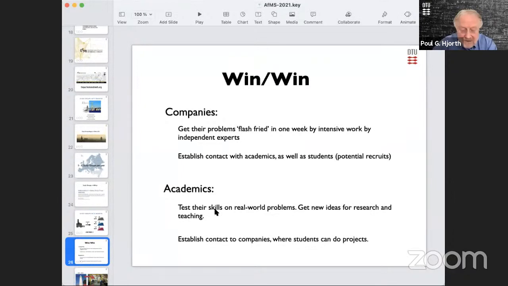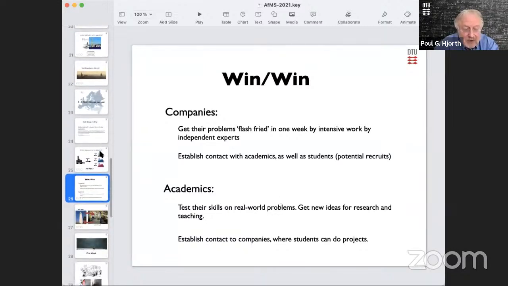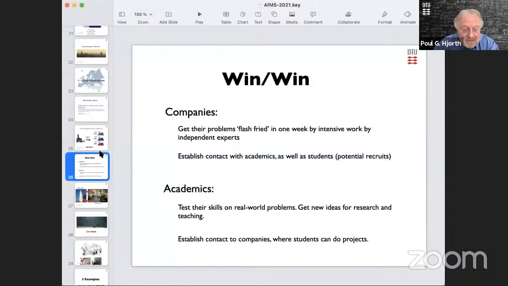I have had many exam questions that originally came from these workshops with industry. And of course, on the longer run, also the contact to companies where students can do projects and sometimes get employed is a good thing.